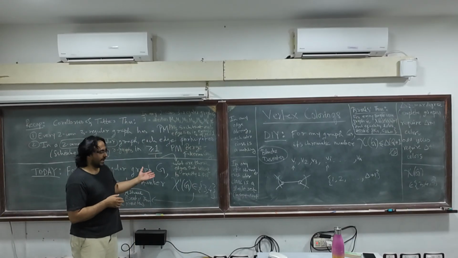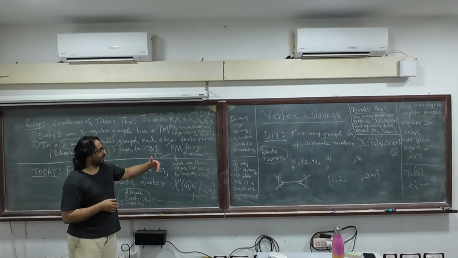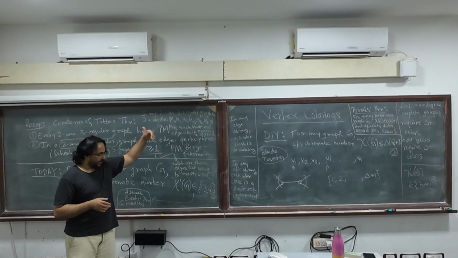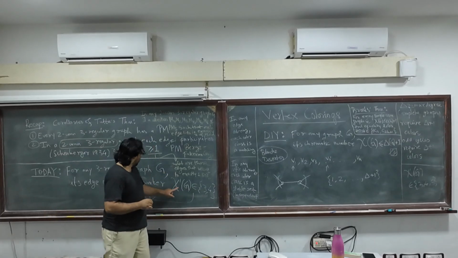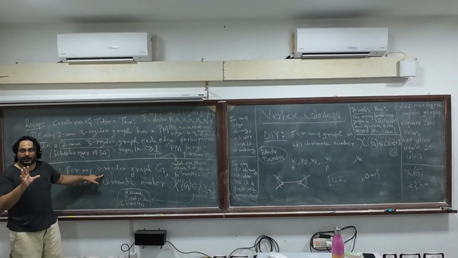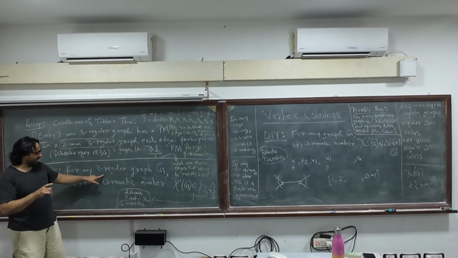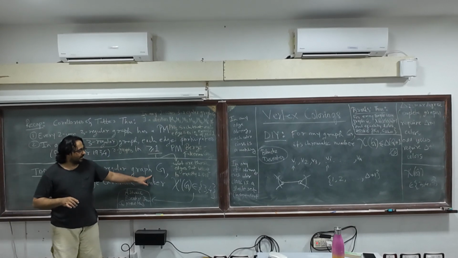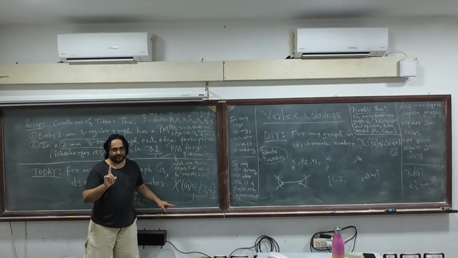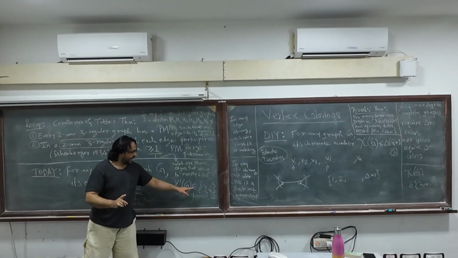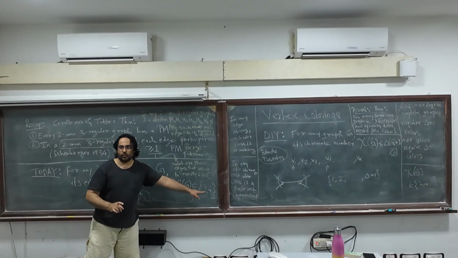Of course, there are cases like what we saw right now where we were able to use a vertex coloring result to make progress on an edge coloring problem. Point in case here: here is a statement for all graphs. This is Vizing's theorem that I mentioned yesterday. For every simple graph, the edge chromatic number is either delta or delta plus 1.